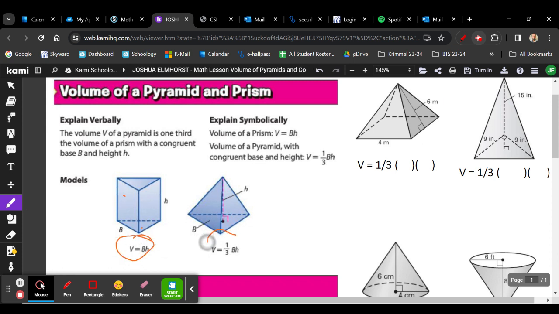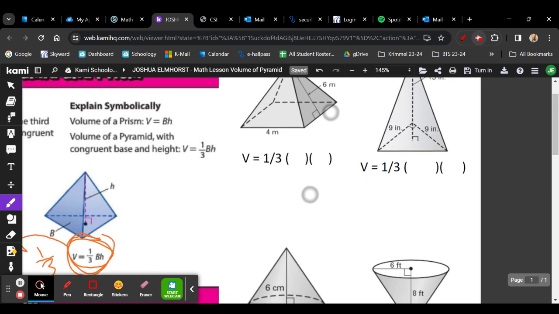So the volume of a pyramid is connected to the volume of a prism by a factor of 1/3. Mathematically, all we need to do is find the volume of the prism, and then divide that by 3, and now we have the leftover volume of a pyramid.